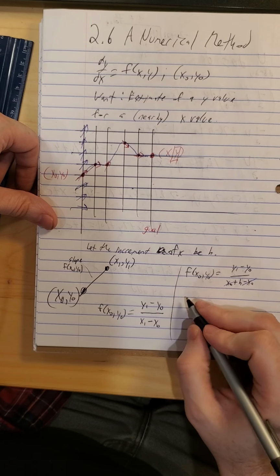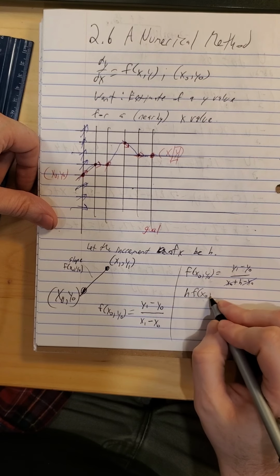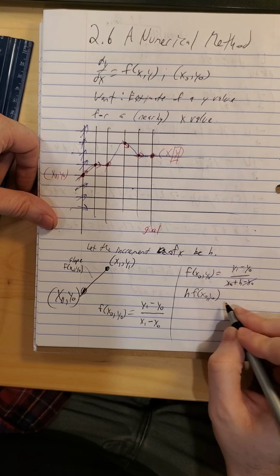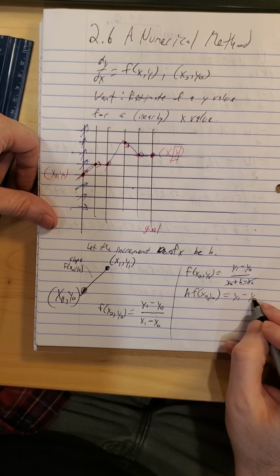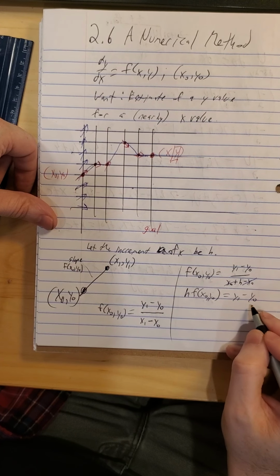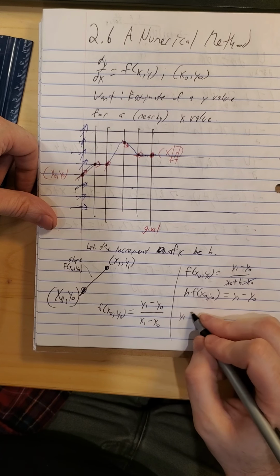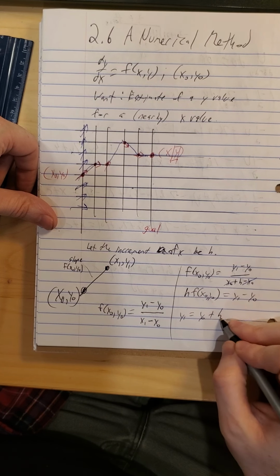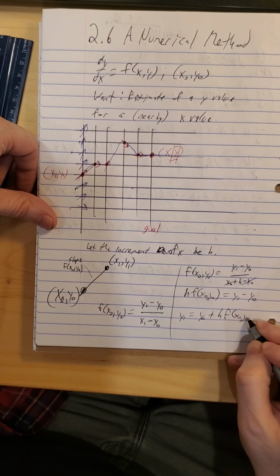And in fact, let's just clear the fraction. h times our slope, which we find by plugging in x naught, y naught, is the change in y. If I want y1 by itself, just add y naught to both sides. So then y1 is y naught plus h times f of x naught, y naught.